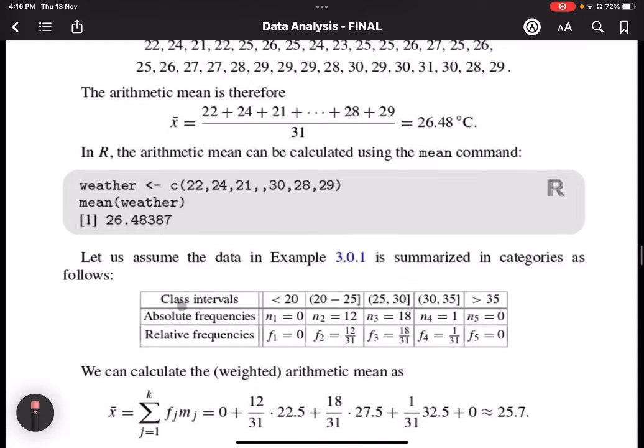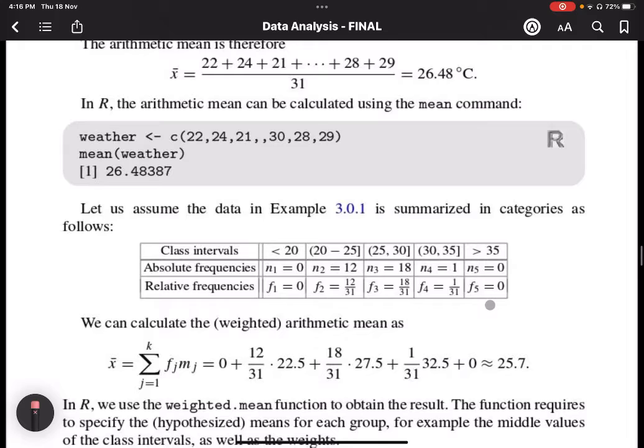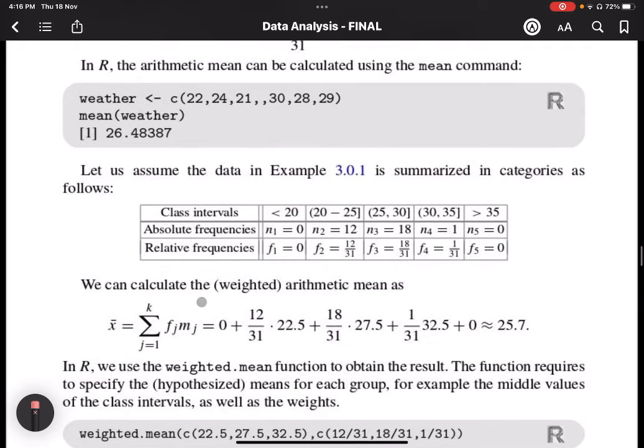So, let us assume meron tayong group data. Yan. So, less than 20. Ito naman, 20 hanggang 25 na temperature, 25 to 30, 30, and then hanggang 35. Okay? So, for calculating the weighted arithmetic mean, we get the following. So, saan to galing? 12. So, dito to, which is the beginning, and then yung ending natin is 18. And then, saan galing to? 22.5.